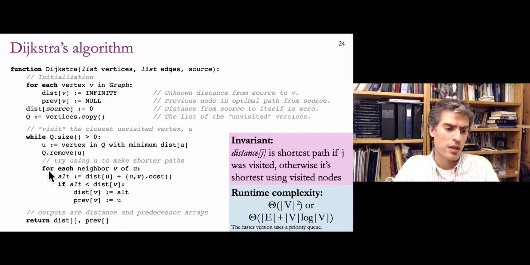The runtime complexity here is shorter. If you implement it very simply, it's order number of vertices squared. In the simple case, you scan through all the vertices to get the one with the shortest distance. If you use a priority queue in this step, you can get that in log v time instead of v time.